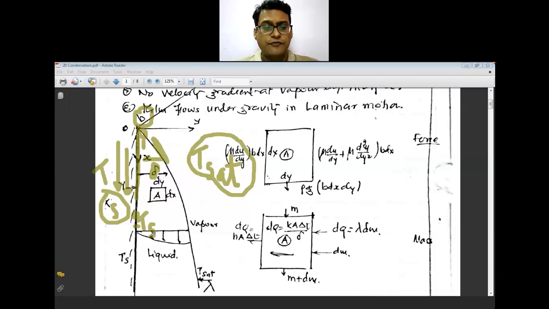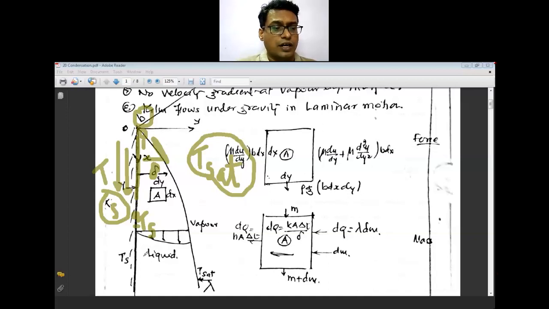Then the film is in good contact with the solid surface, so the temperature inside the film is uniform. That is also the second assumption. The temperature at the outer surface of the film is Ts.